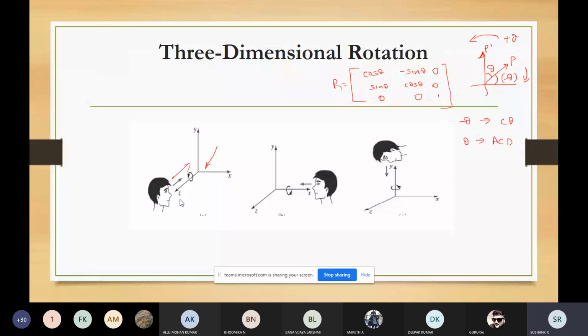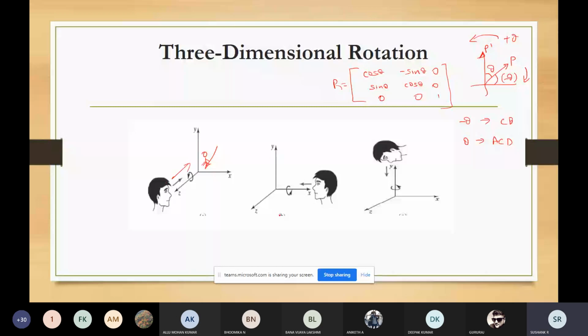For him, the positive value of theta means counterclockwise direction, and negative means clockwise. But for a person standing at the origin and looking in the opposite direction, the positive value of theta means clockwise direction, and negative means anti-clockwise, just the reverse of what the first person is seeing.